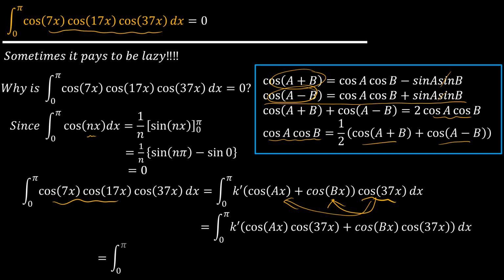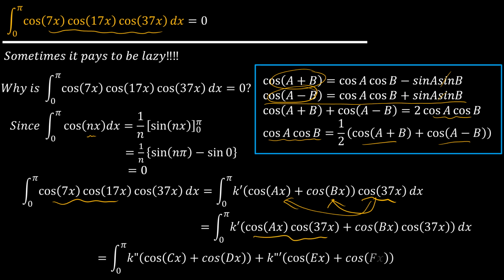So finally you have k double prime times cosine cx plus cosine dx coming from this product, and k triple prime times cosine ex plus cosine fx coming from this product. And we've seen that the integral from 0 to pi of cosine of any integer multiplied by x is equal to 0.